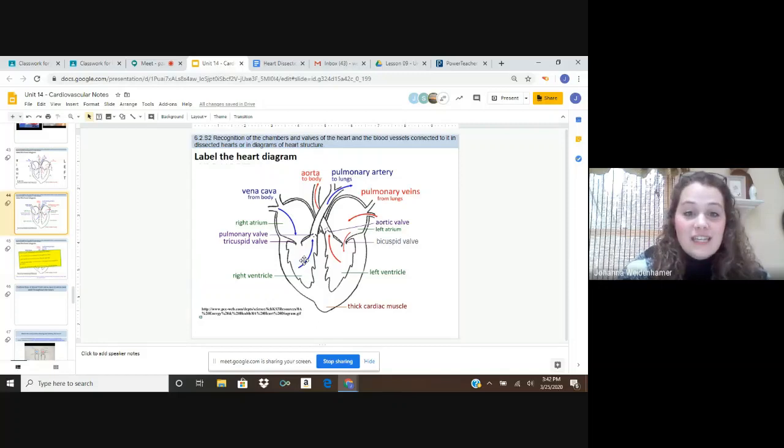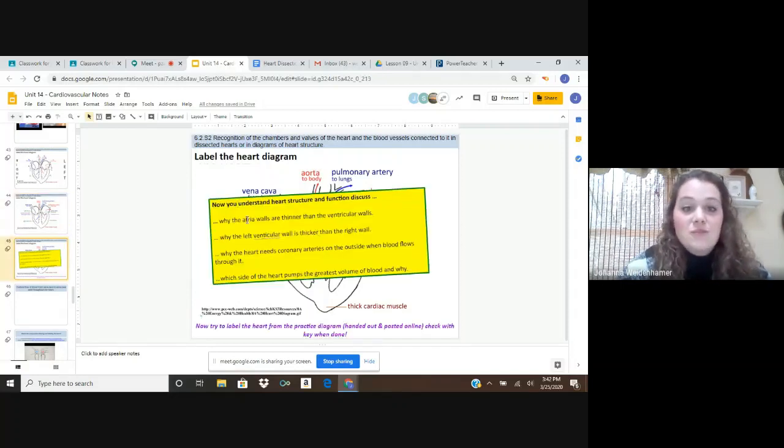You're either sending it to the lungs to get oxygen, or from the left ventricle, you're sending the blood to the body. So both ventricles are pumping blood out of the heart. That's why the atrial walls are much thinner than the ventricle walls, because the ventricular walls need to pump blood out of the heart.